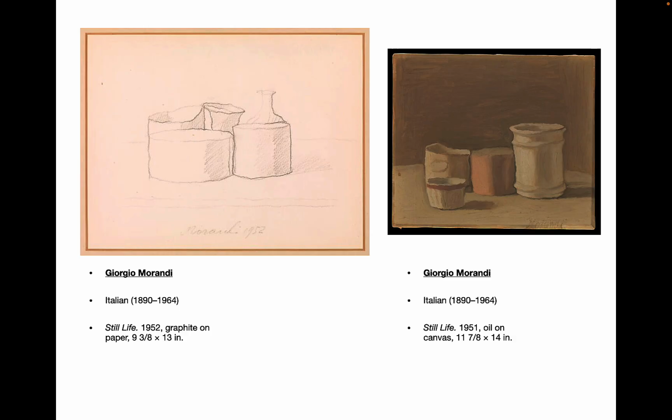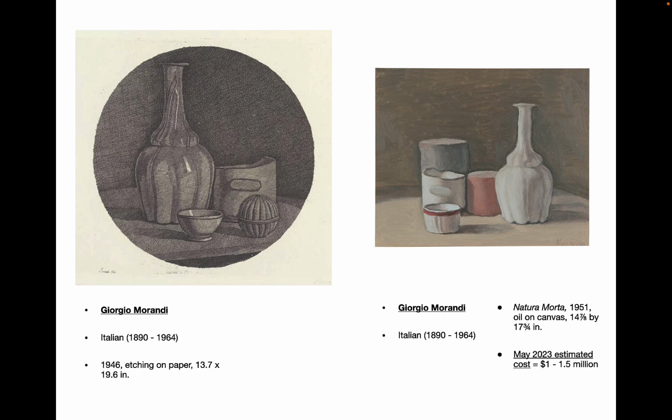On the left, we see a drawing in graphite and pencil from 1952. And then in one of the paintings on the right, you see that same kind of broken object. So he's using the same objects repeatedly and really studying these forms.